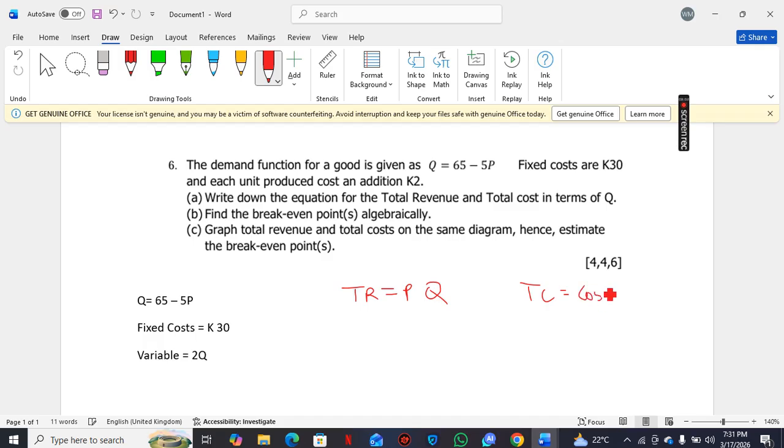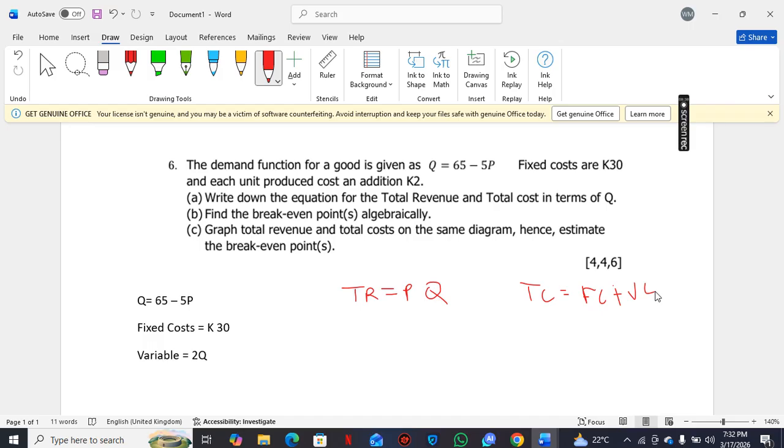Total cost is fixed cost plus variable cost. So these are the formulae you need to remember. We're going to first get the total revenue for this firm.